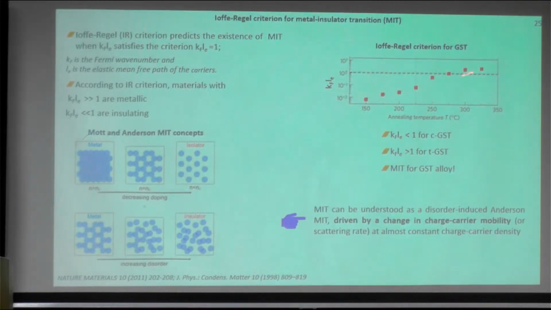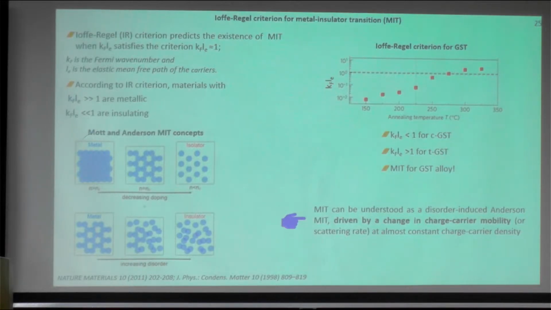So here this is a more ordered phase, and this is also driven by a change in charge carrier mobility or scattering at almost constant charge carrier density. So these two parameters we have to consider and define.